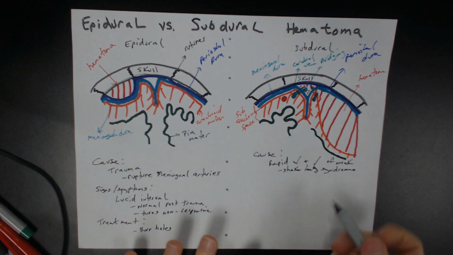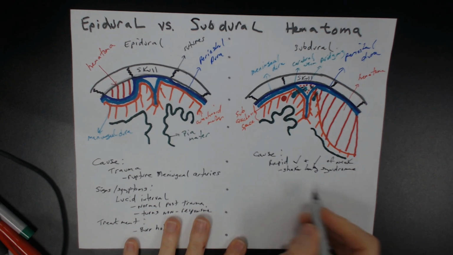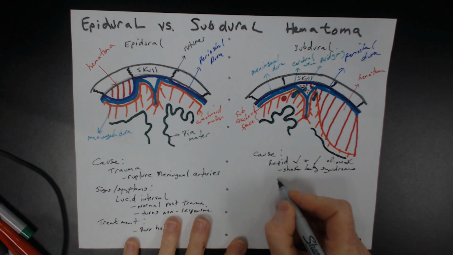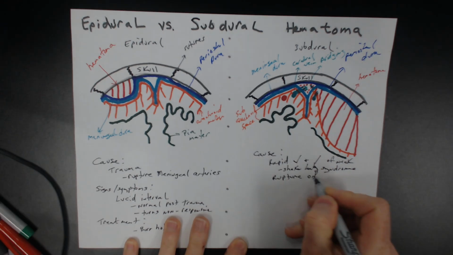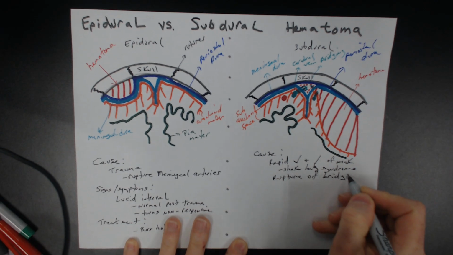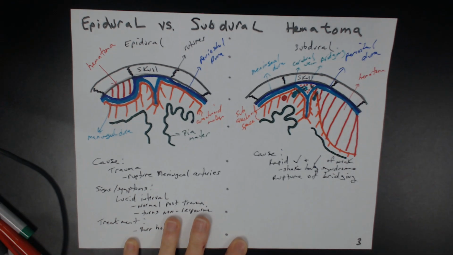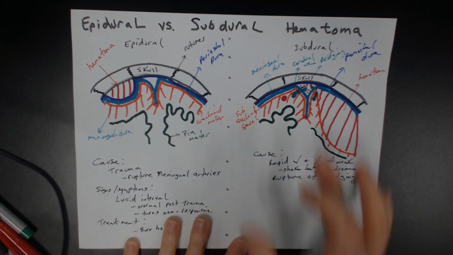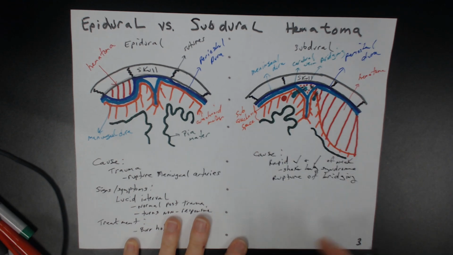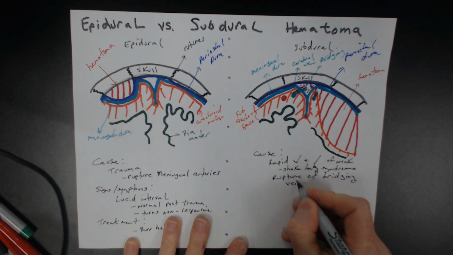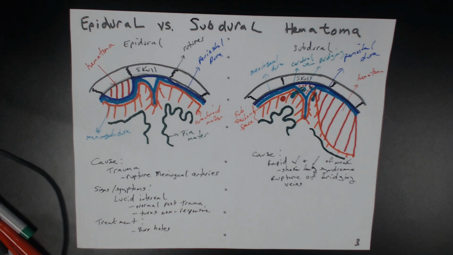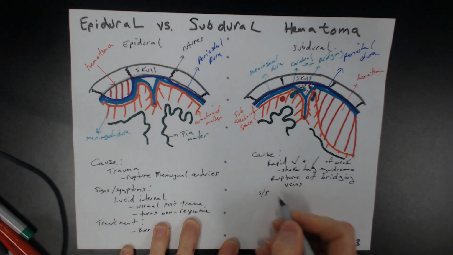So shaken baby syndrome, with rapid flexion and extension of the neck, is an example, and it's caused by a rupture of those bridging veins, the cerebral veins and the superior sagittal sinus, during that rapid flexion and extension of the neck.